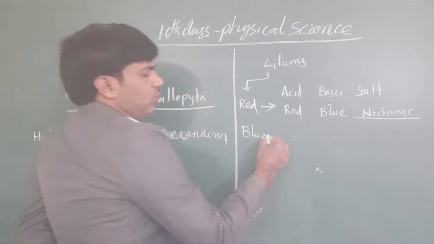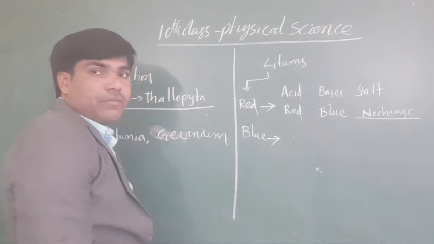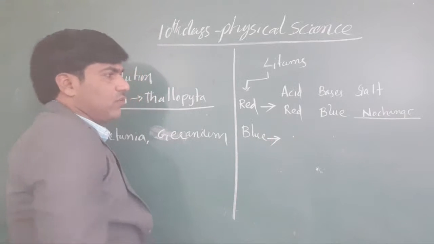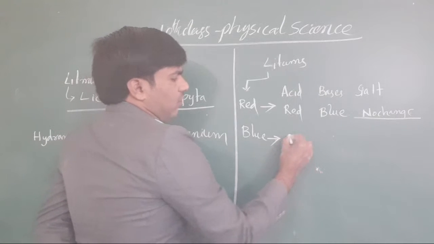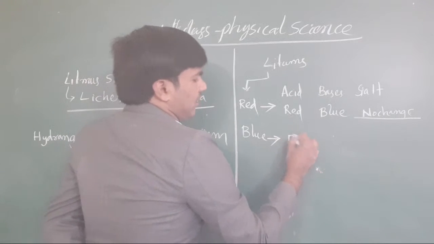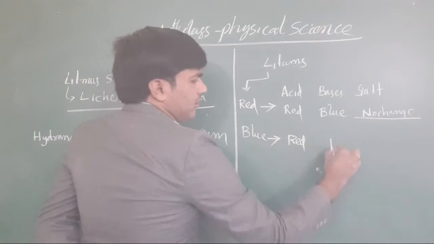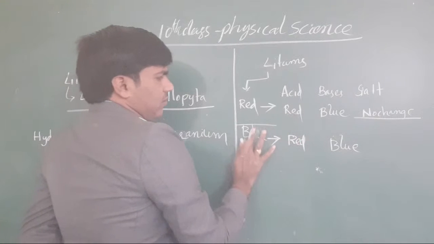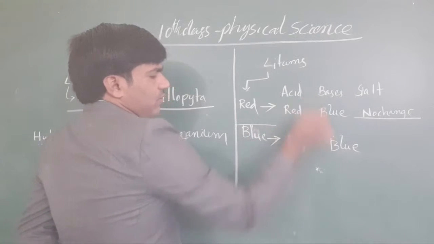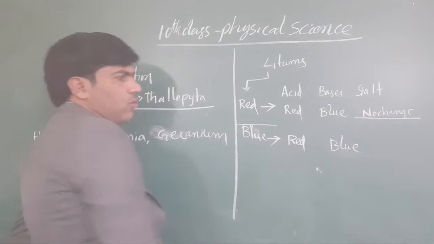And when you take a blue litmus paper, it is converted into which color? Now it converts into red for acids, and it remains blue for bases. Clear or not, all? For bases it remains blue only.